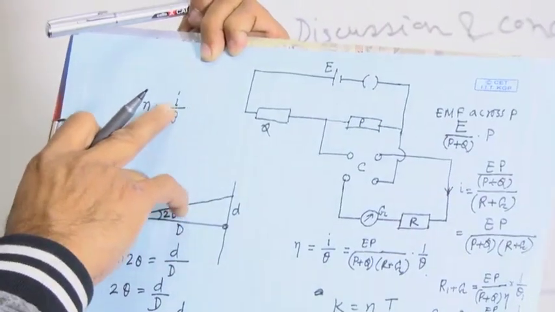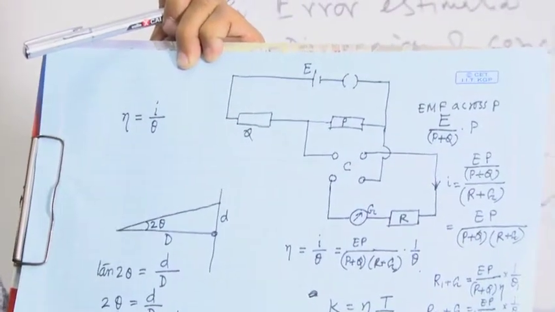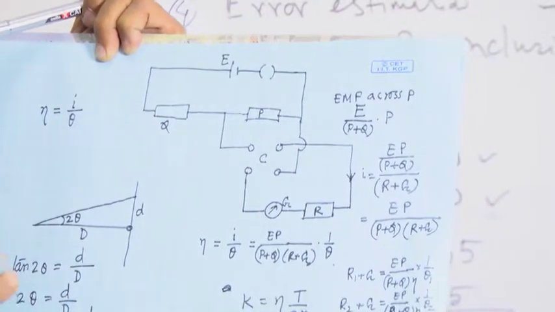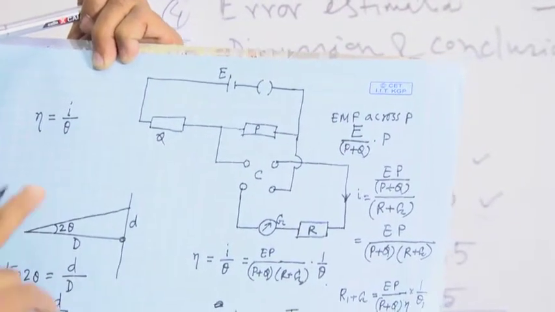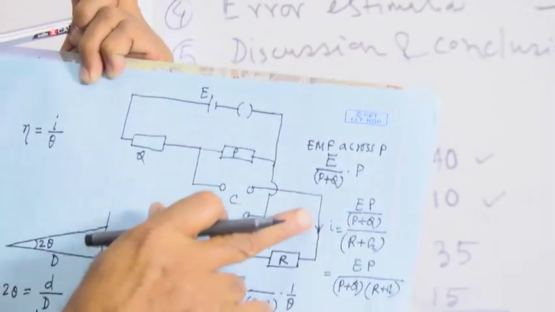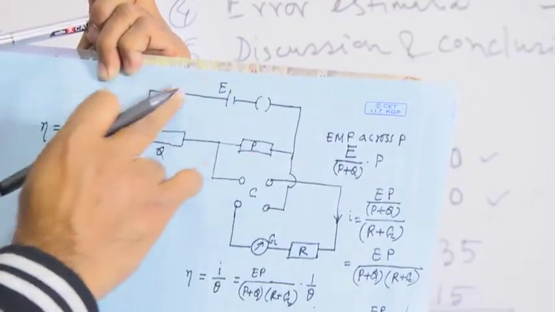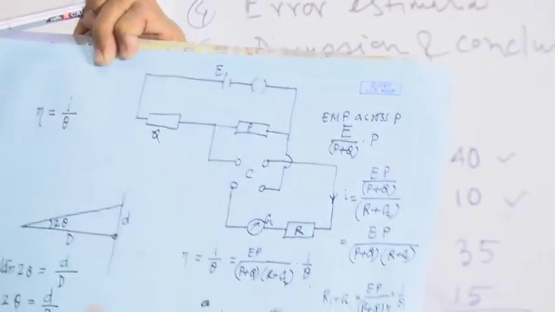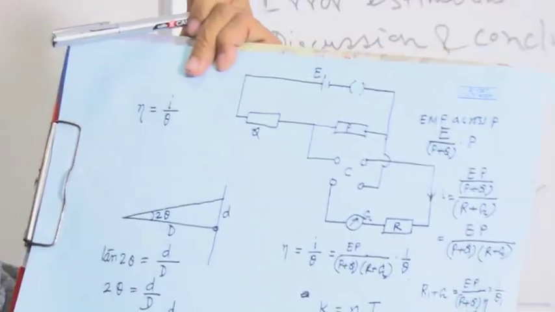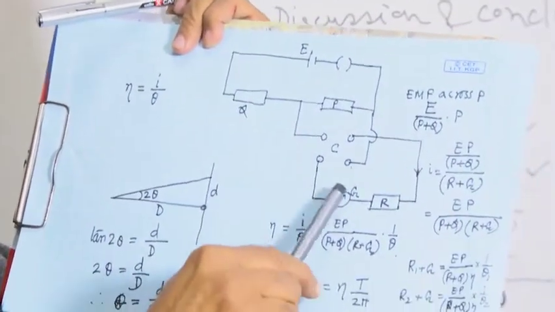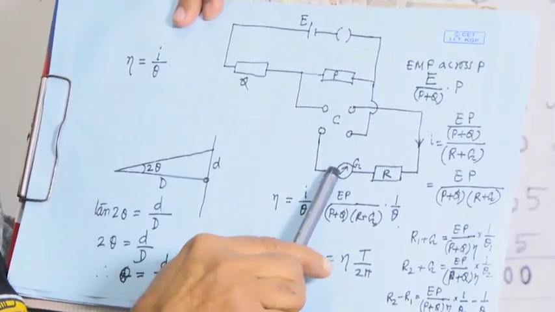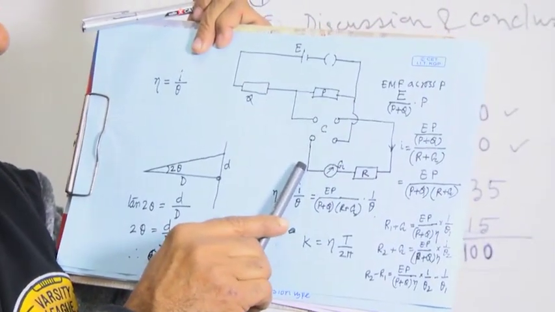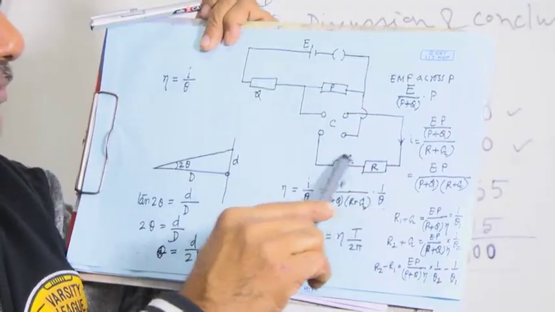So, now I have to pass current to the galvanometer, and for that current I have to measure the deflection. So, this is the circuit for passing current through the galvanometer. This is a simple circuit. Now, you see you have the galvanometer, and I want to pass current through the galvanometer.